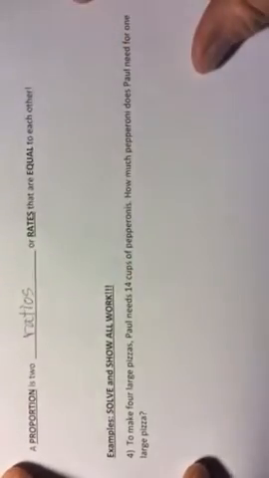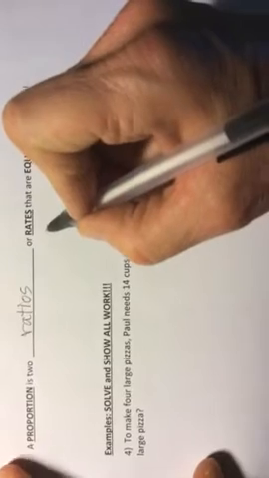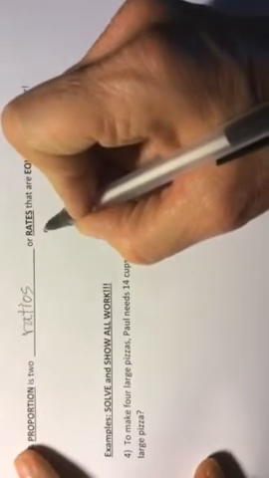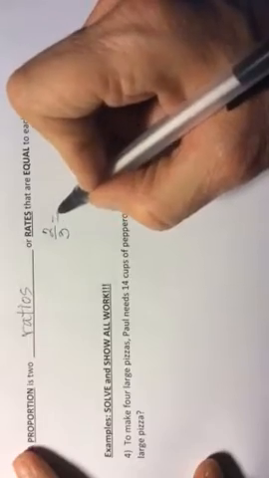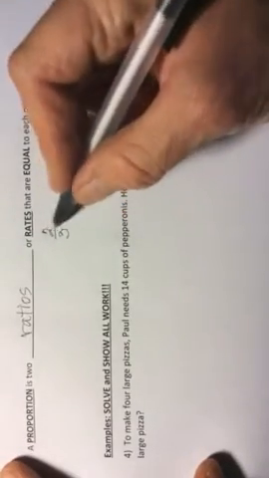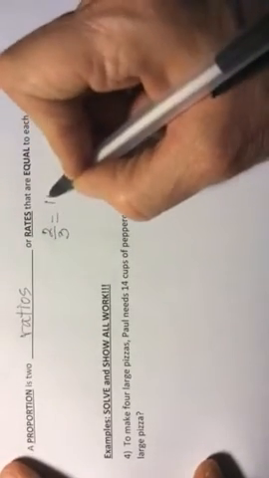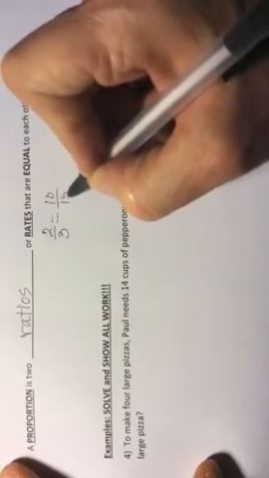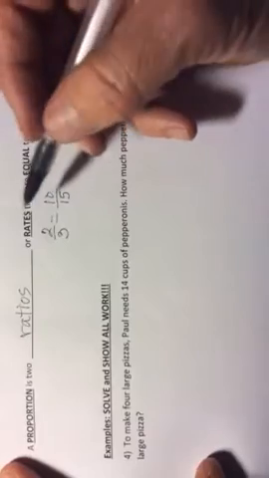Before we do this, I want to talk about when you have proportions or equal ratios. I'm going to take the ratio 2 to 3, and I'm going to set it equal to something else that means 2 to 3. I'm going to multiply by 5 over 5 and make it 10 over 15. Okay, what you can do there is you can say, 2/3 is equal to 10 over 15.